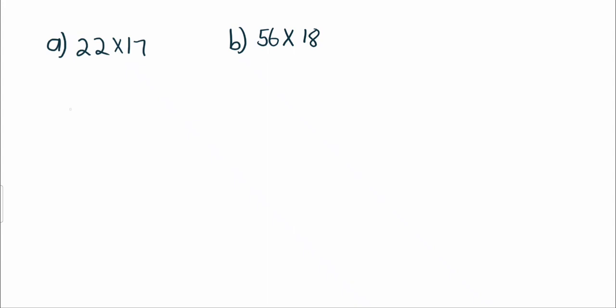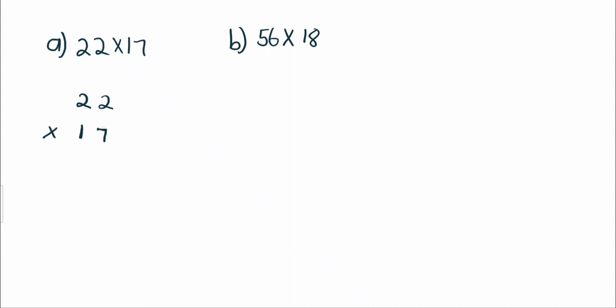Now, once again, everything is rewritten according to proper place value. 22. Now we're multiplying it by 17. So 17 is made up of 10 and 7. So the 1 is in the tens place and the 7 is in the units place. Right. Now it's time to multiply.